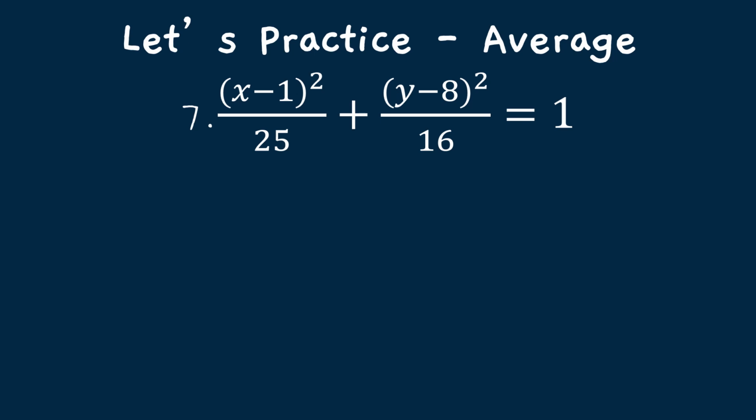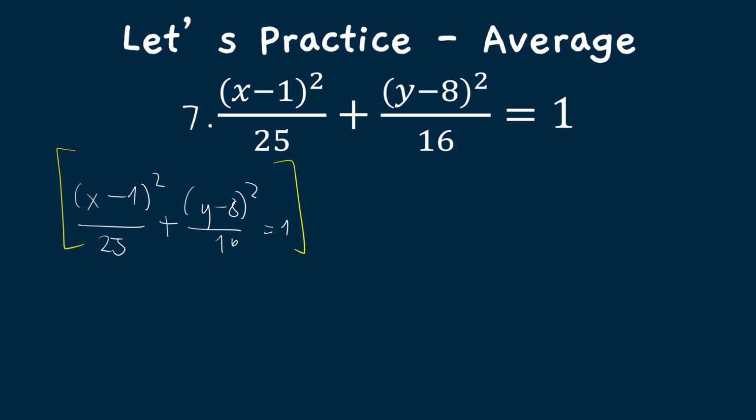So, it will result into x minus 1 squared, okay, over 25 plus y minus 8 squared over 16 is equal to 1. Then multiply the whole equation by the LCM. So, I will write first the equation, then multiply it by the LCM. And then, divide that LCM or LCD to our denominator.